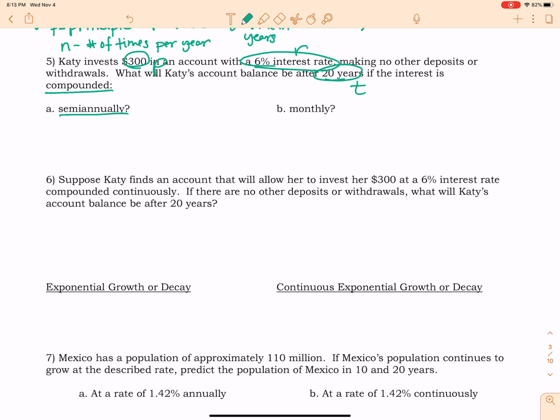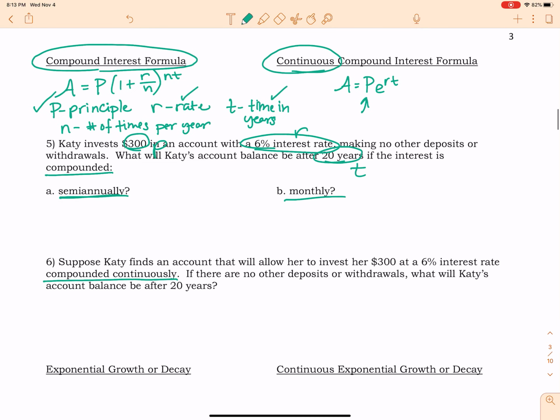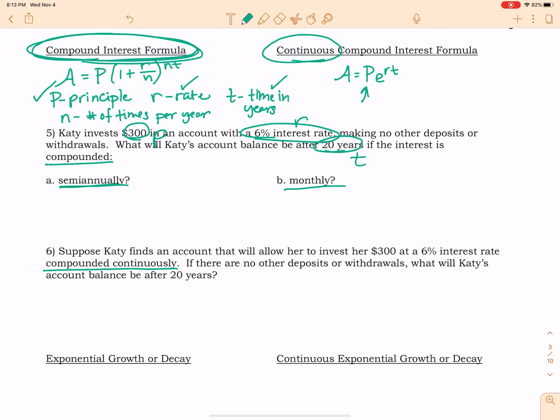I want you to notice that it is compounded semi-annually or monthly. Look down at number 6. Notice I tell you it's compounded continuously. If I don't use the word continuously, I'm dealing with this formula right here. Semi-annually means twice a year.